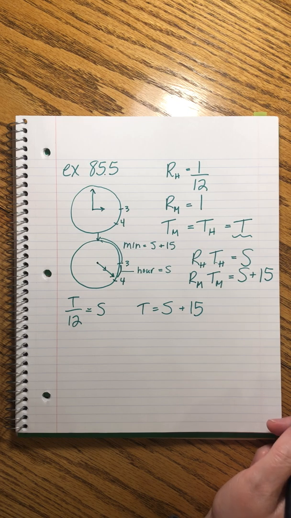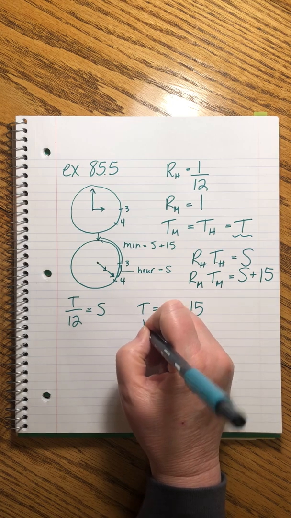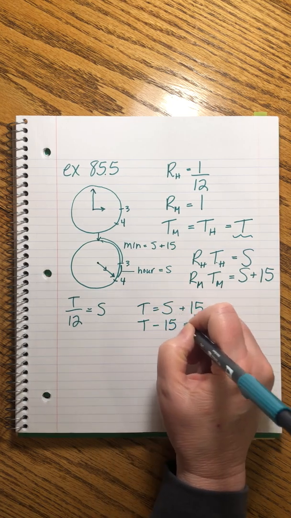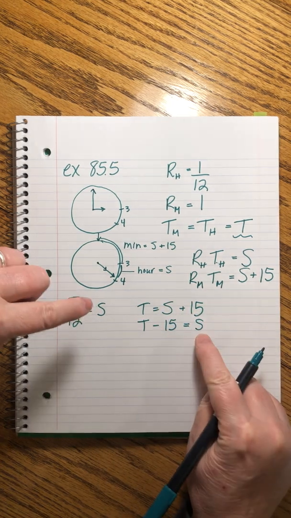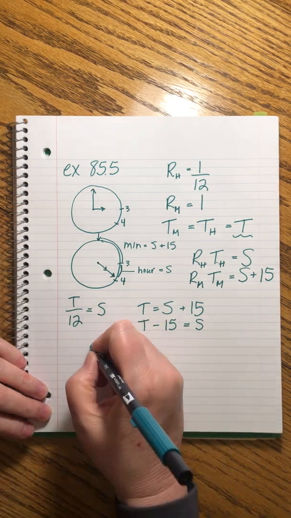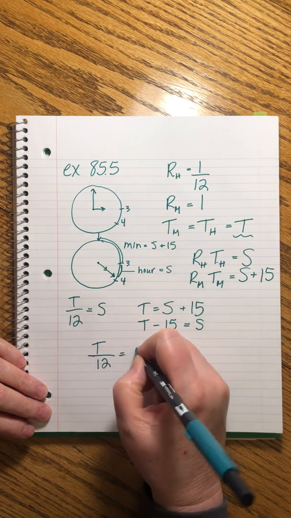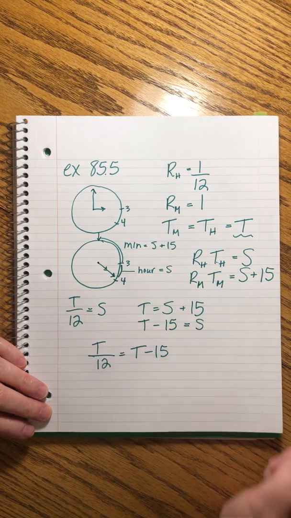Now I'm going to solve both of these for S. This one's done. I'll just bring this over: T minus 15 equals S. And then I'm going to use the 2 S's to stick these together: T over 12 equals T minus 15.